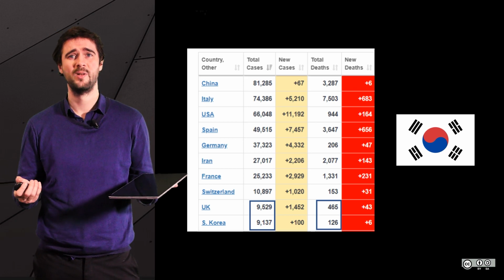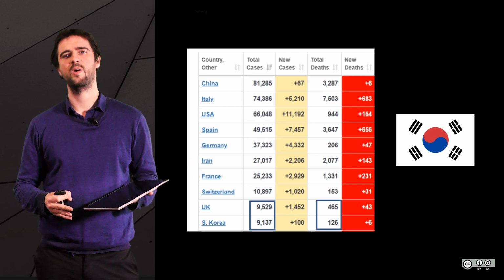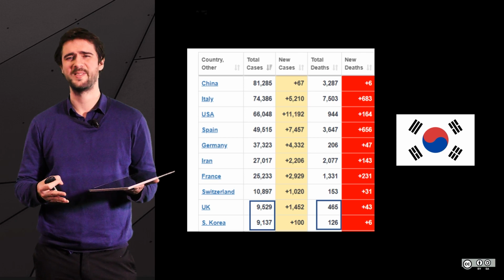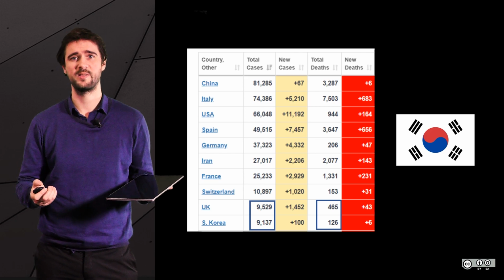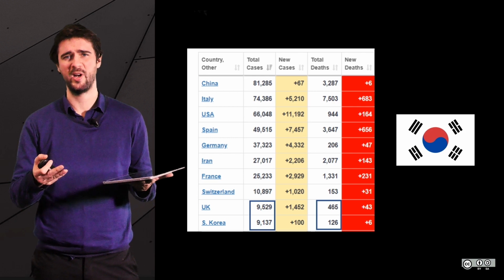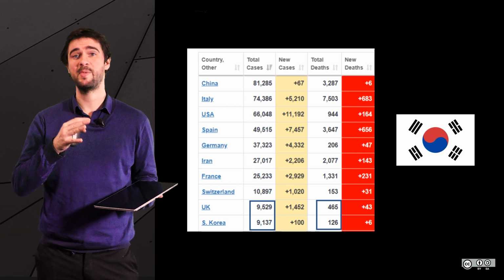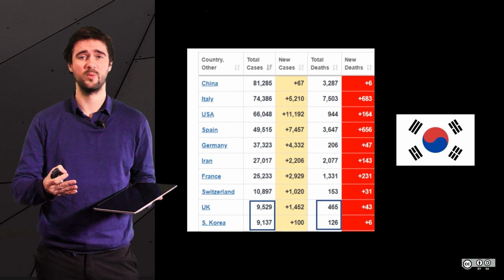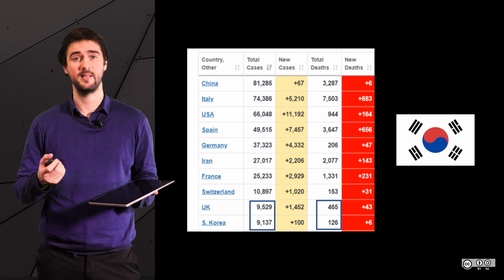That's not abnormal. No need to search for explanations in terms of immune system or quality of the health system or whatever. Of course, you should look at demographics in South Korea and other similar explanations, but you certainly cannot take sampling bias out of the equation if you want to explain low lethality rates.